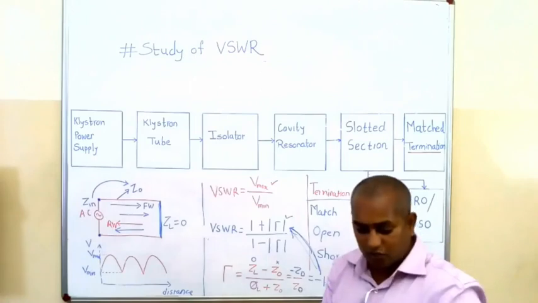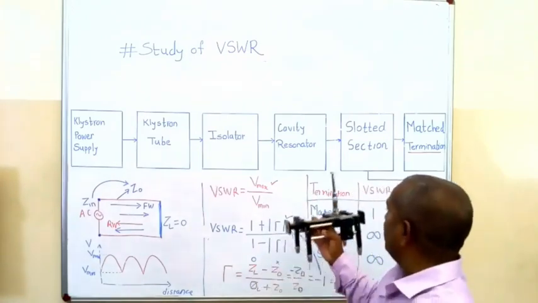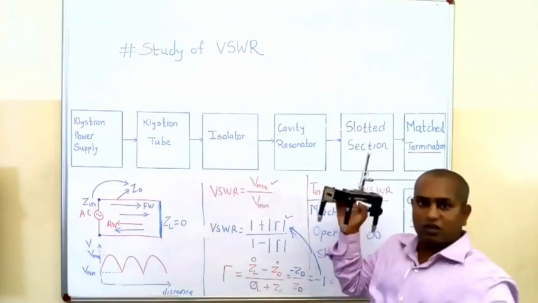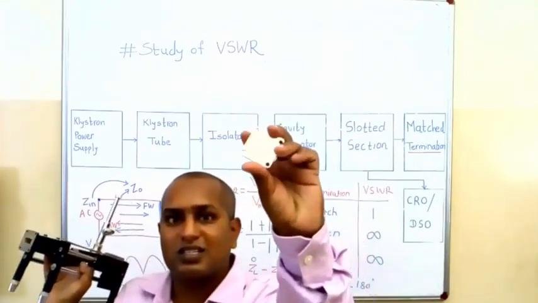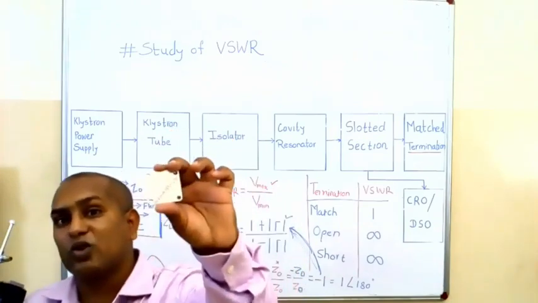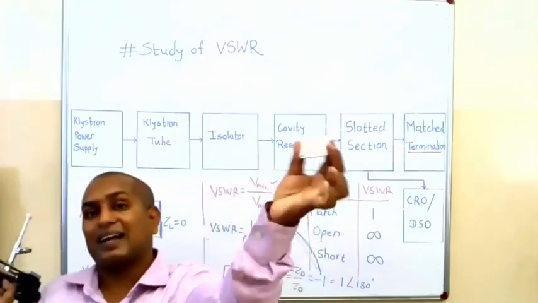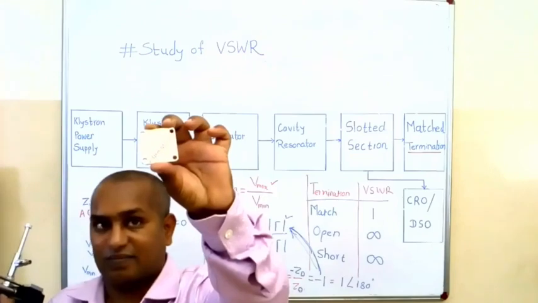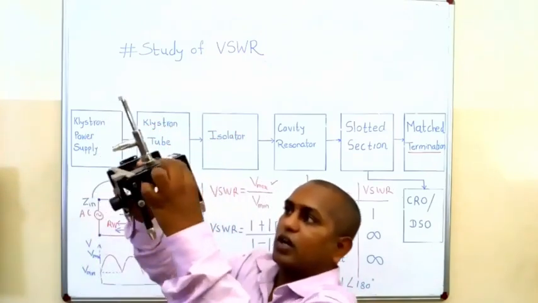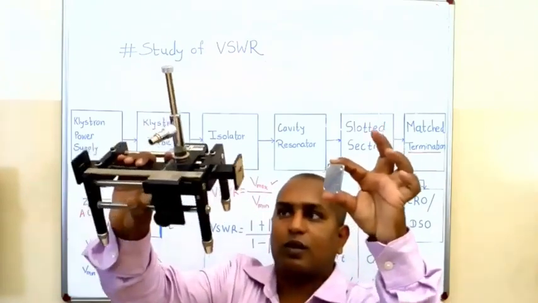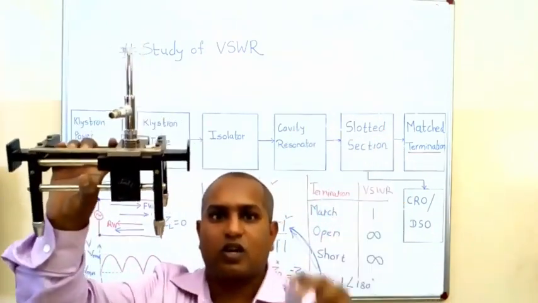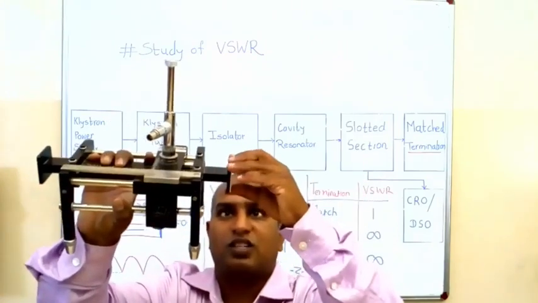In short termination, what will we do? We will keep your slotted line section position like this, but we will use this portion as a slotted line. In electromagnetics, we know any conductor acts as a short circuit. So we will connect this terminal, this slotted line section, to this sheet like this.